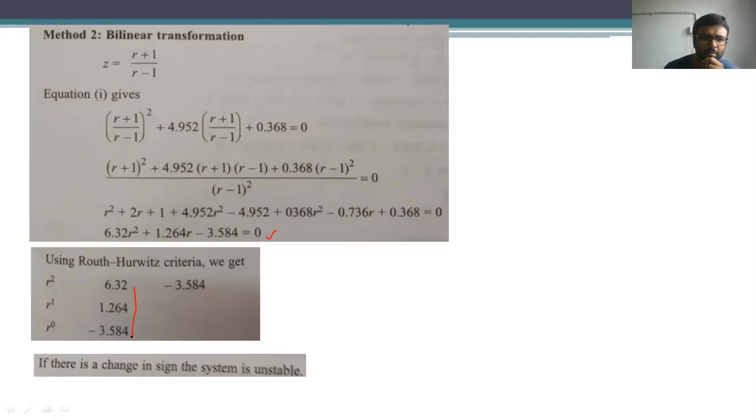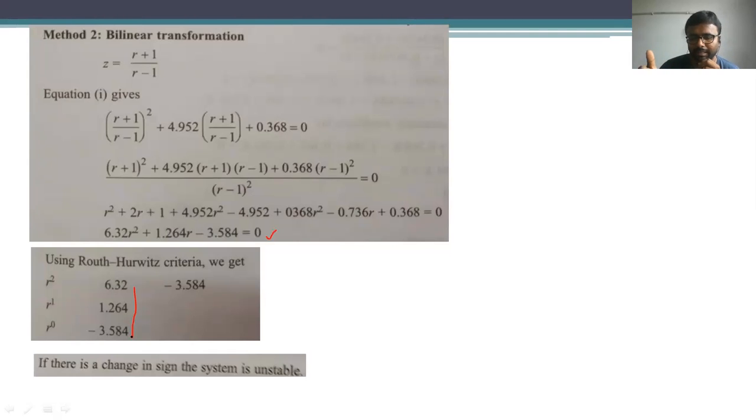Here, the first column consists of the values 6.32, 1.264 and minus 3.584. That means two values have the positive sign and the third value has the negative sign.